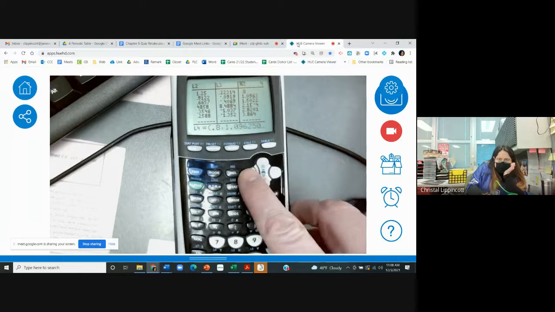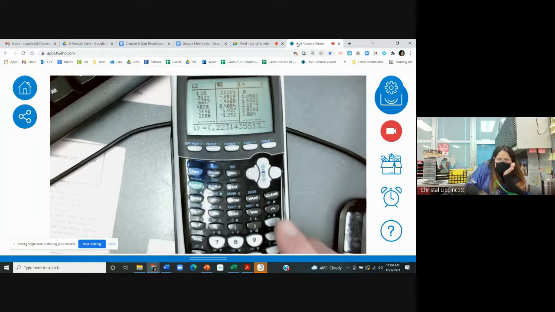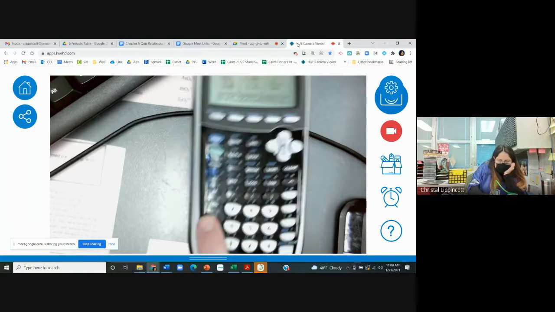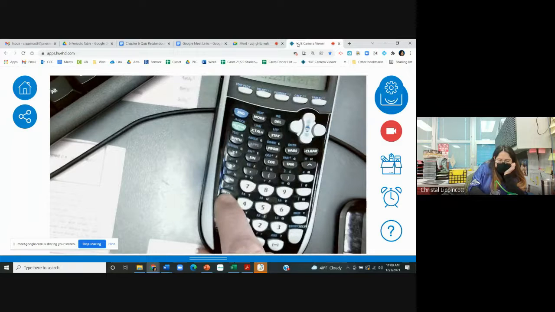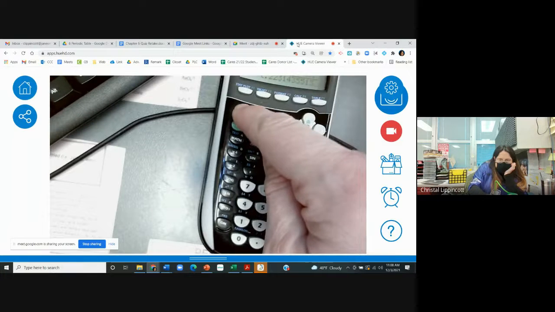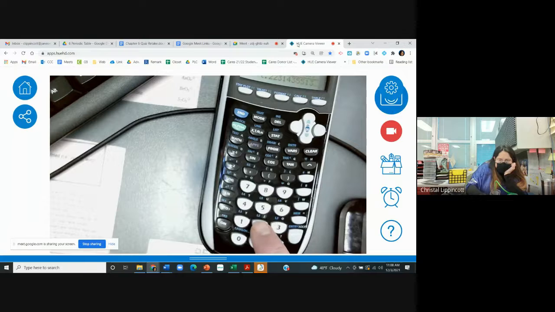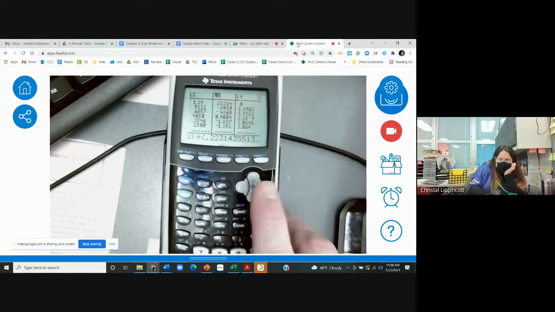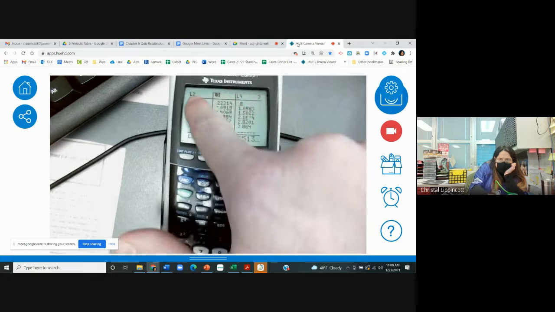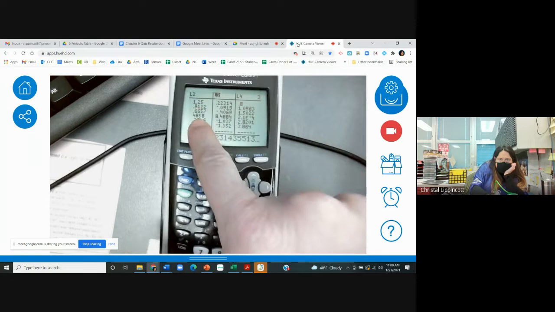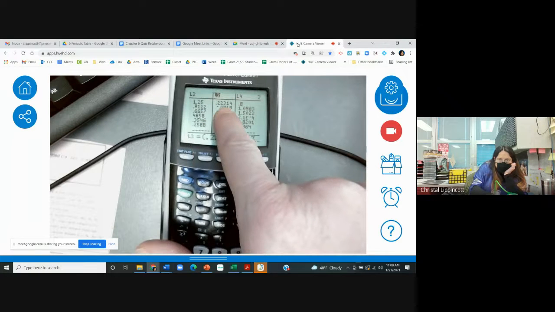So L3, when I did that calculation, I did natural log. So I hit this button and then I hit the second button and L2. Do you see where it says L2 right here? It says list 2. So I'm telling it that I want the natural log of this column right here.